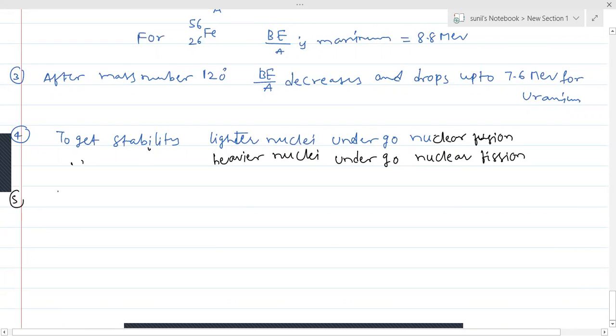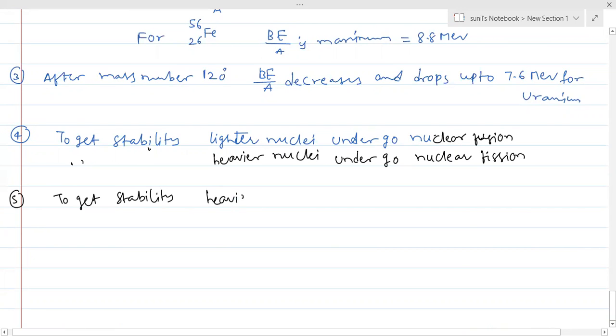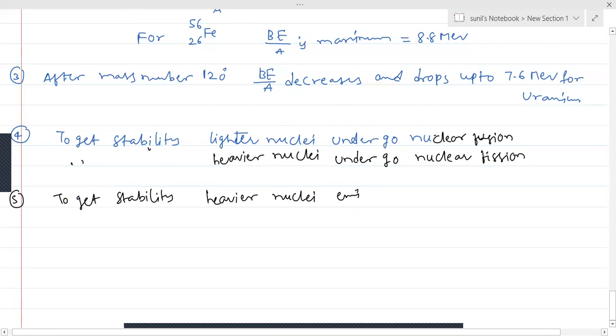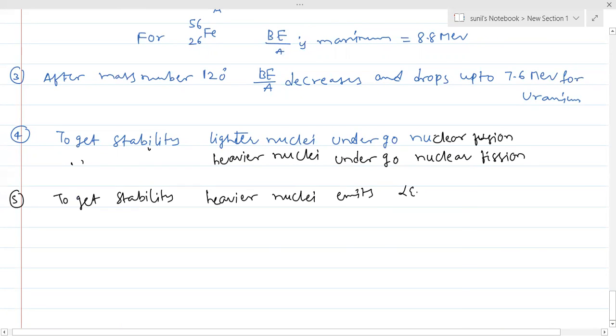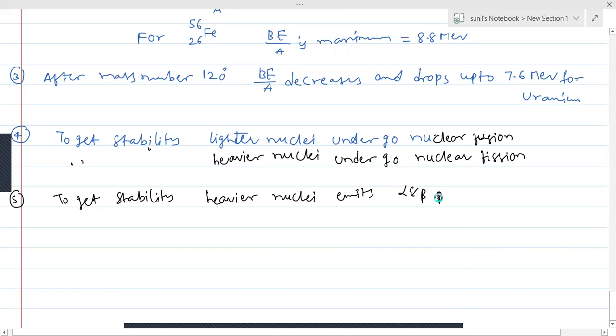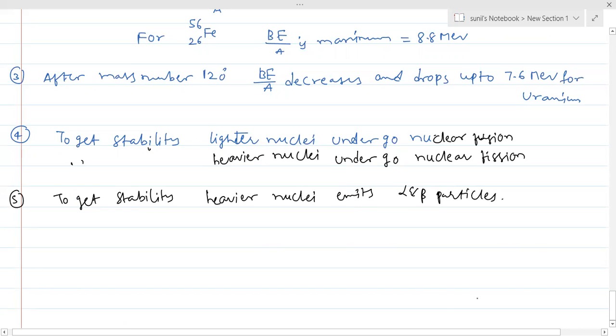And to get stability, heavier nuclei emit alpha and beta particles.